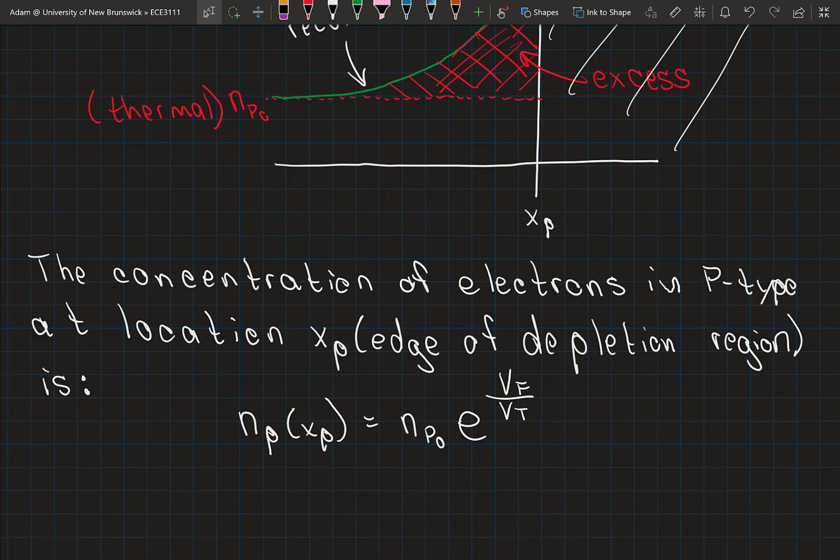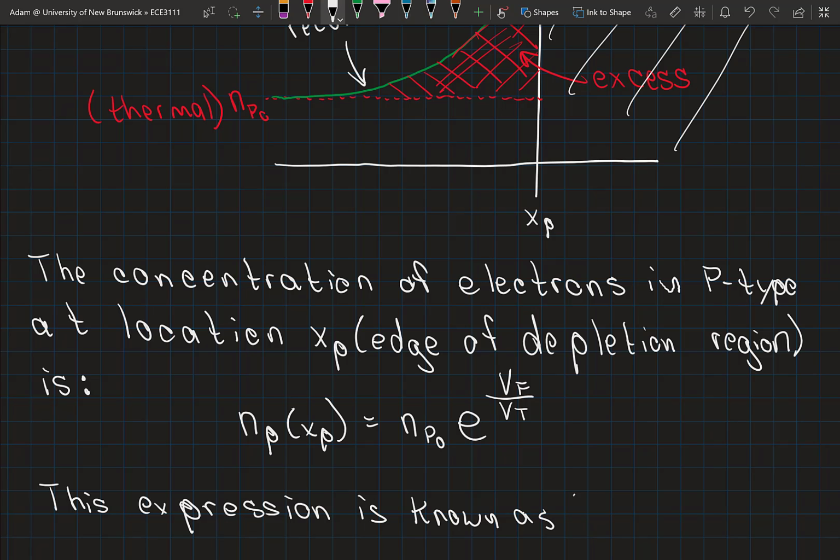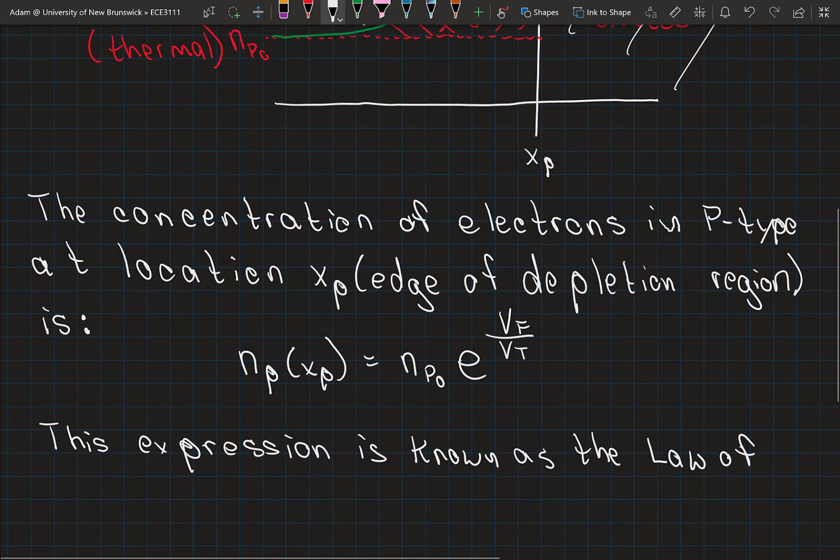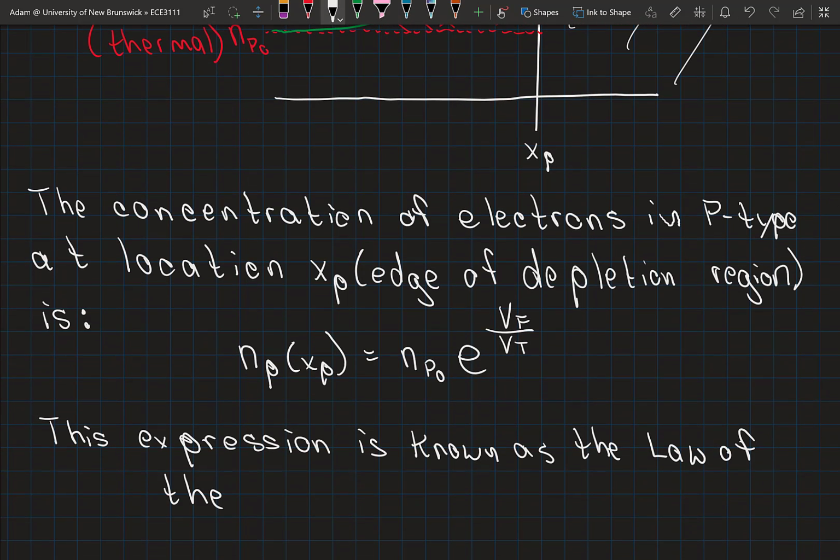And although we didn't mention this earlier, this expression is known as the law of the junction.